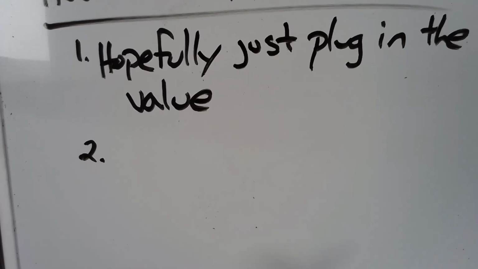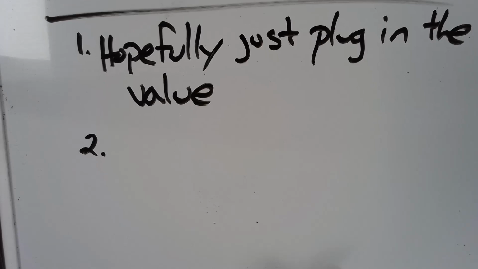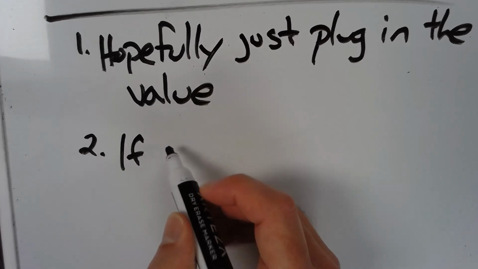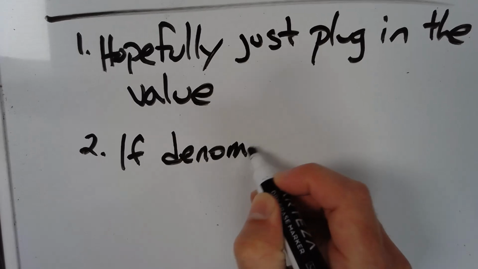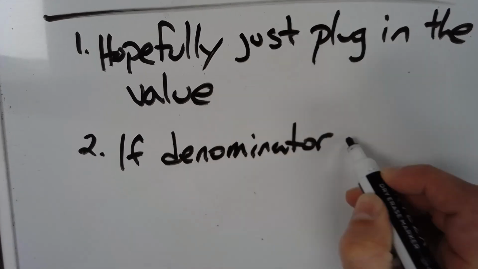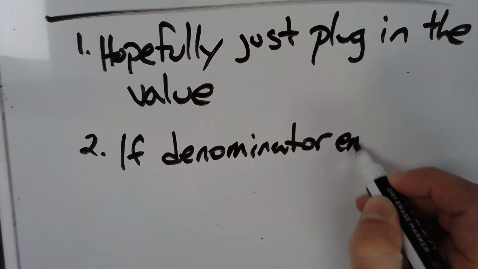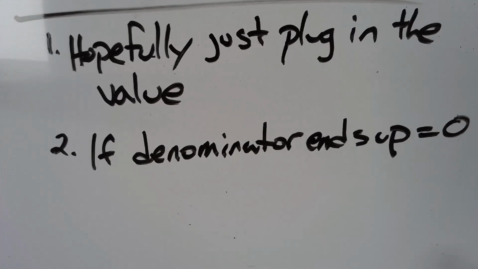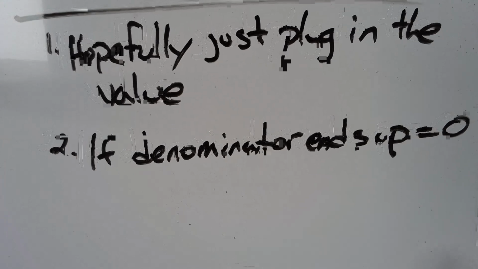If the denominator ends up being 0, then what? So you've got to try two different things. Factor and cancel. Or what else?